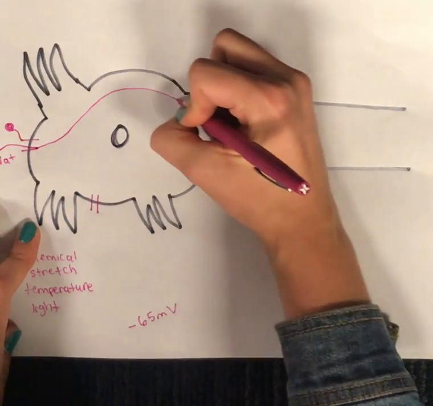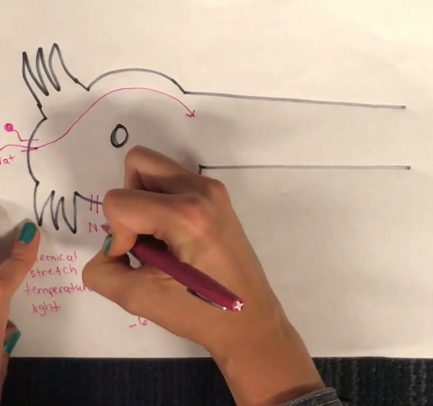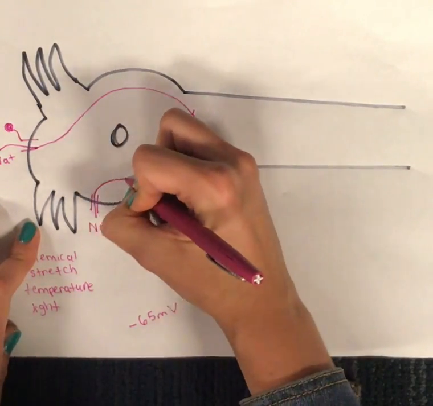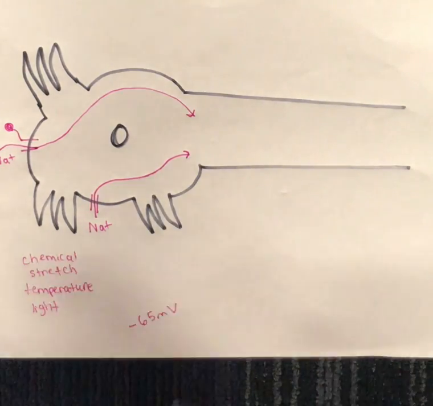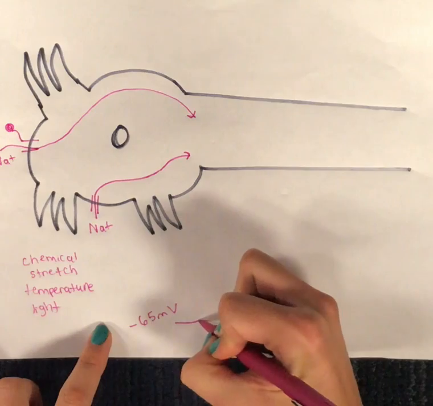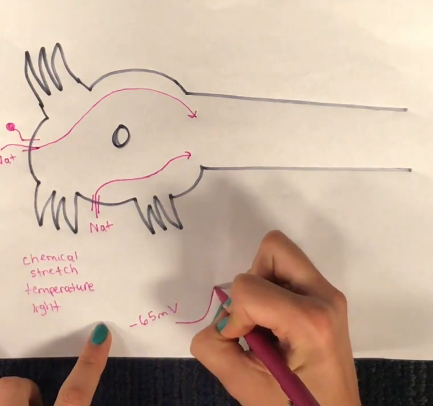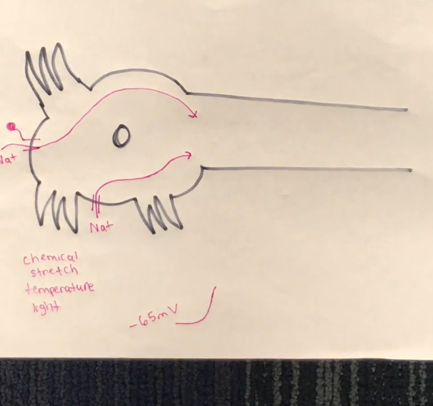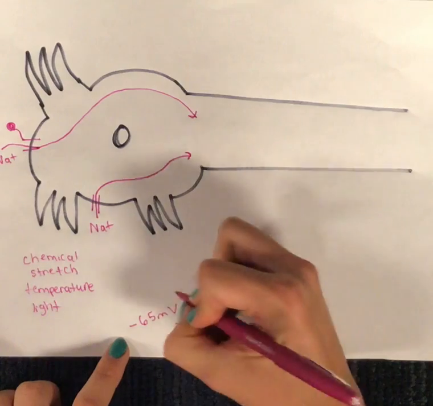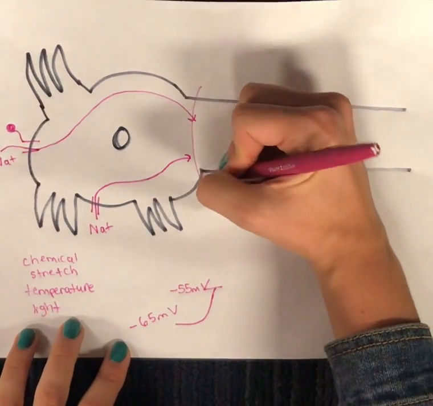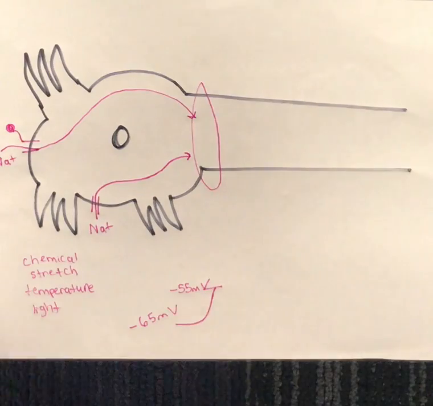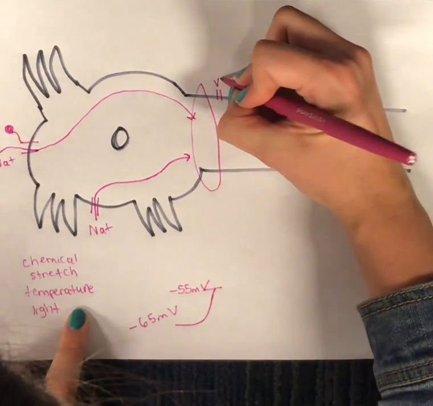So once this occurs, sodium starts to enter the cell, and because all of these positive charges are coming inside, it causes the membrane potential to rise ever so slightly until we reach negative 55 millivolts at the axon hillock, also known as the trigger zone. At this location, there are several voltage-gated sodium channels.